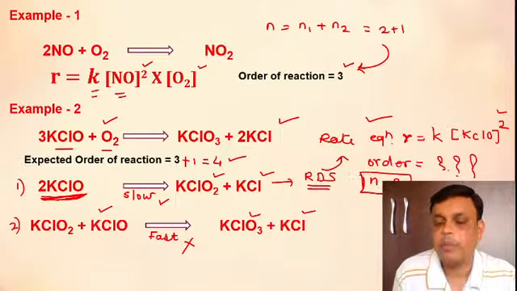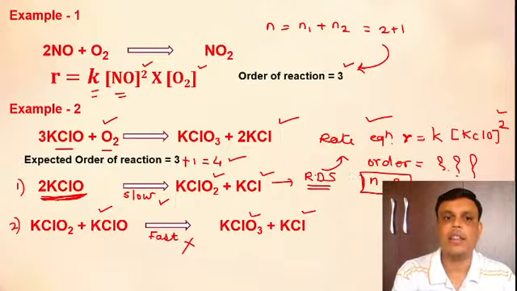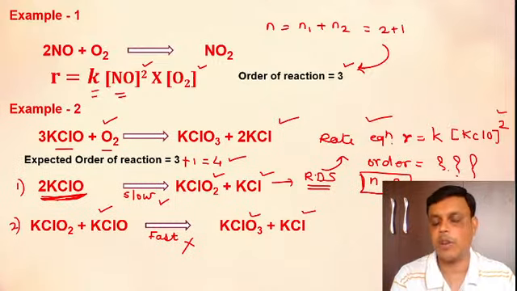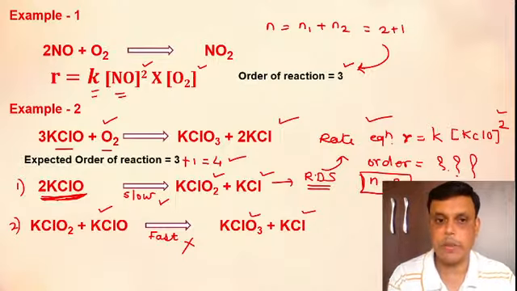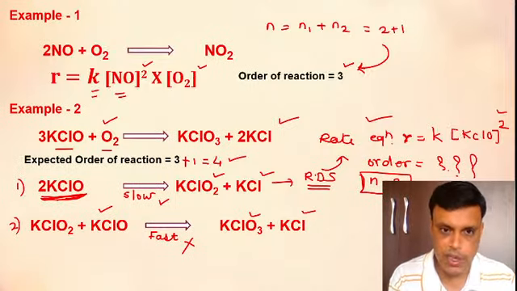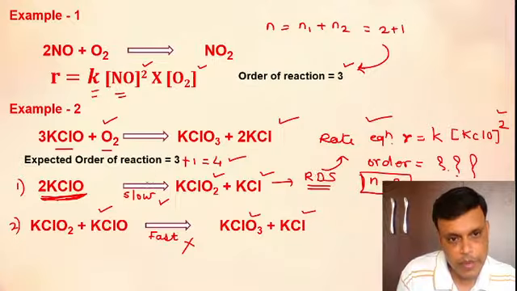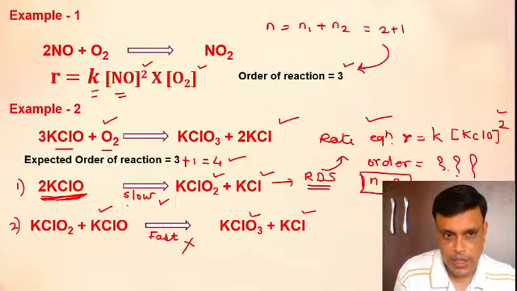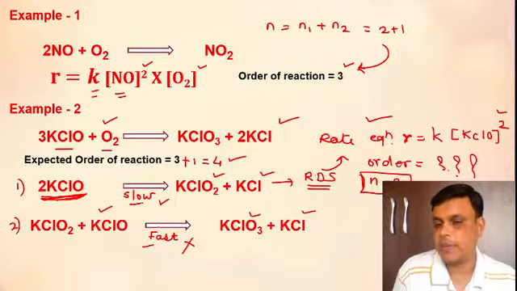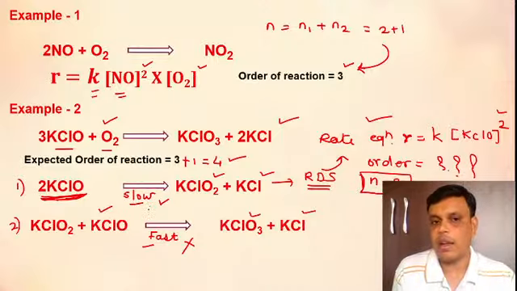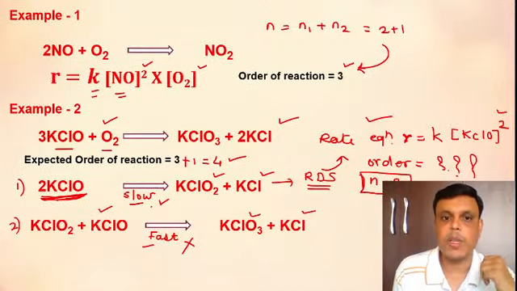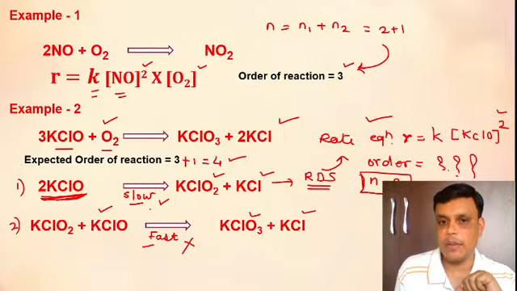So because of this, order is an experimentally determined quantity. It is not a theoretical quantity. It is an experimental quantity. Now why is it an experimental quantity? Because after performing the experiment, you could know this is a slow step and this is a fast step. एक्सपेरिमेंट करने के बाद ही आप लोगों को पता चलेगा कि which is a rate determining step.